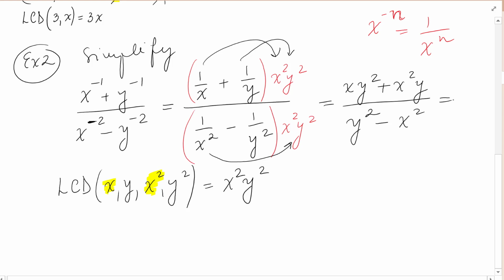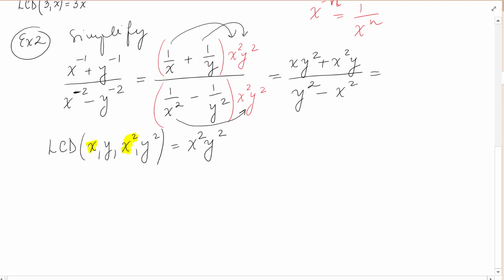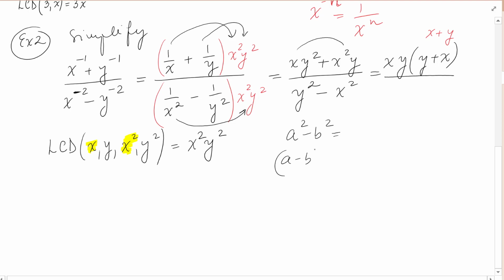So now let's see what we can do. Between the first two, we can factor out the xy and we get y plus x, or x plus y, it's the same thing, right? Addition is commutative. Over the denominator, this is a squared minus b squared, the formula, which is a minus b times a plus b.